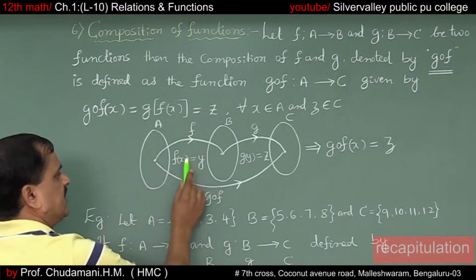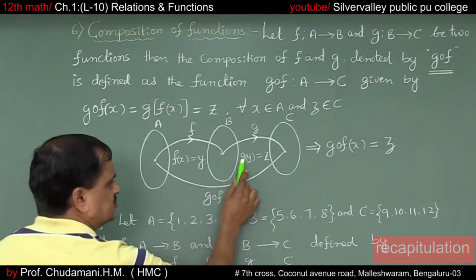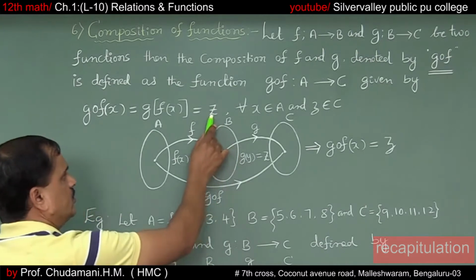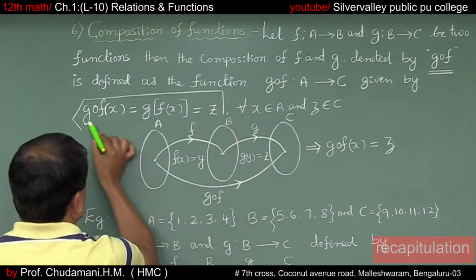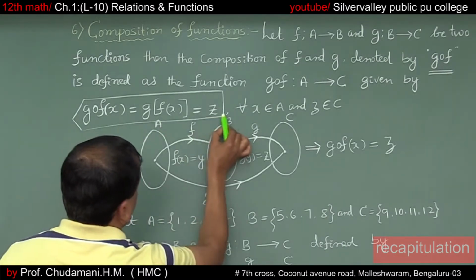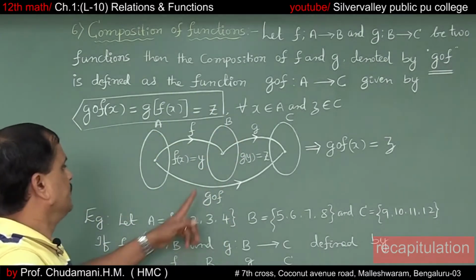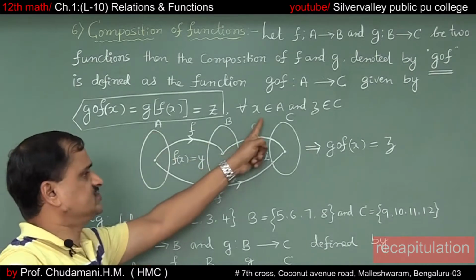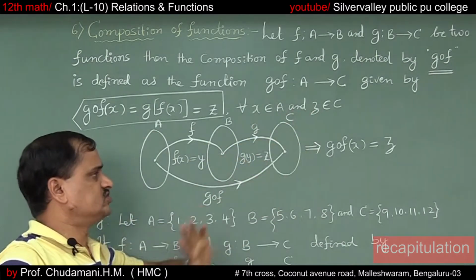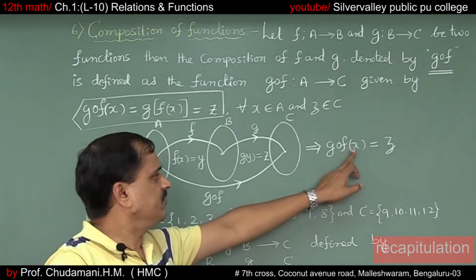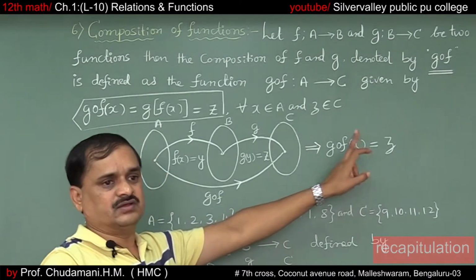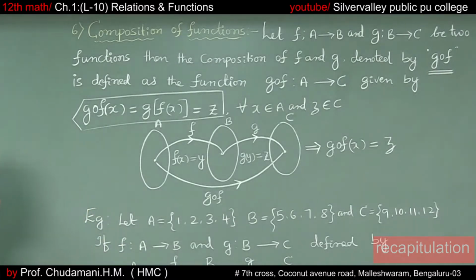But f of x is equal to y, and g of y is equal to z. So this is the composition, g o f of x, where x belongs to set A and z belongs to set C. So this means g o f of x is equal to z.